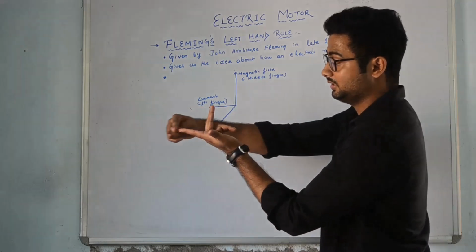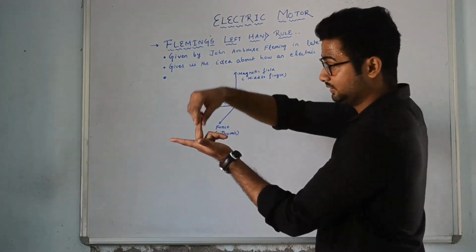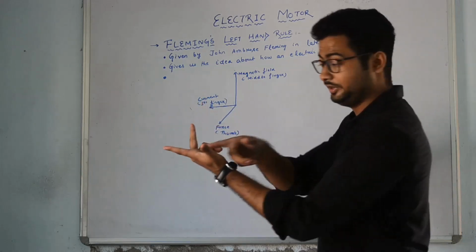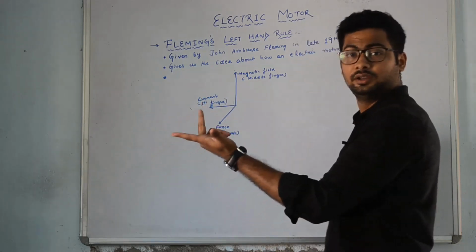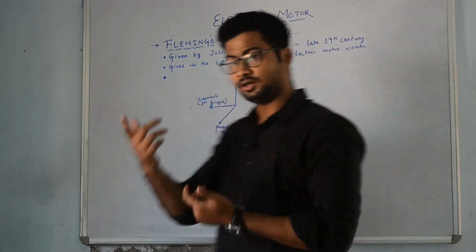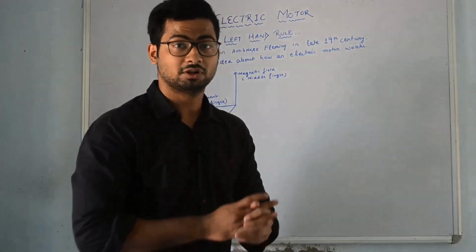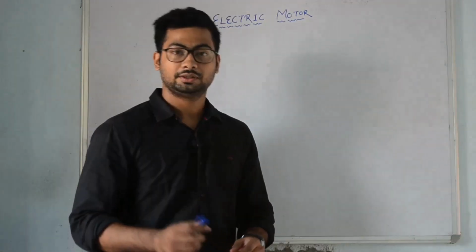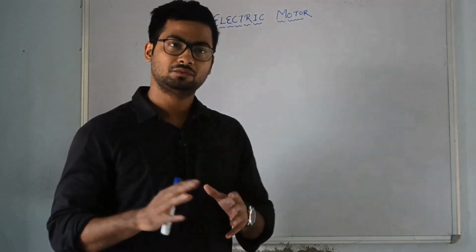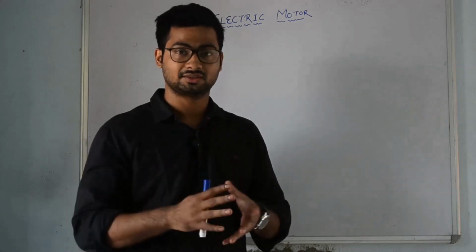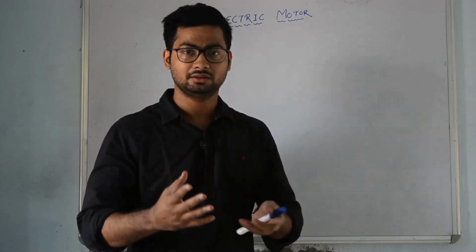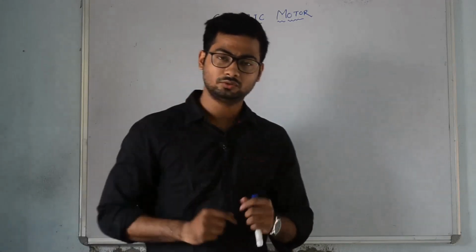This is the direction of current, this is the direction of the magnetic field, and this is the direction in which the force will be exerted on the coil of an electric motor. Now we will understand how an electric motor works and what its basic features are. In science, whenever we describe a machine, apparatus or instrument, we go through three steps.